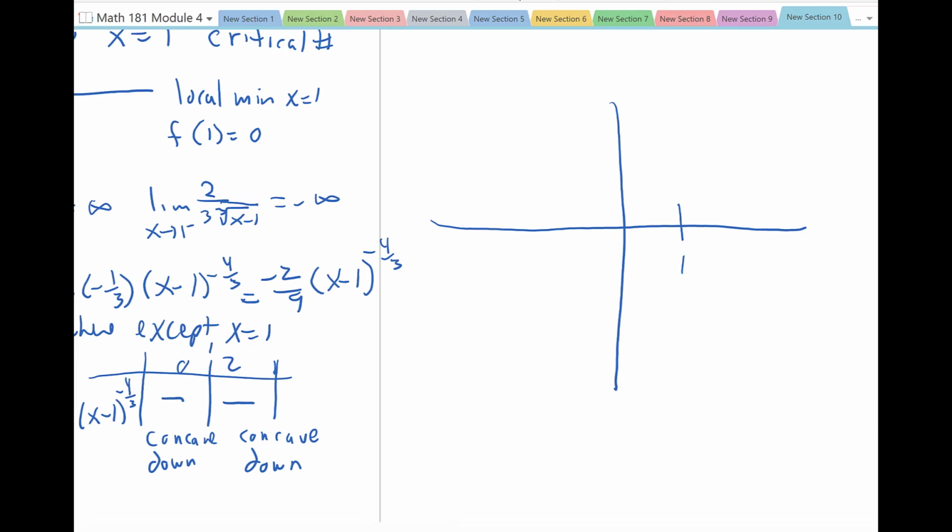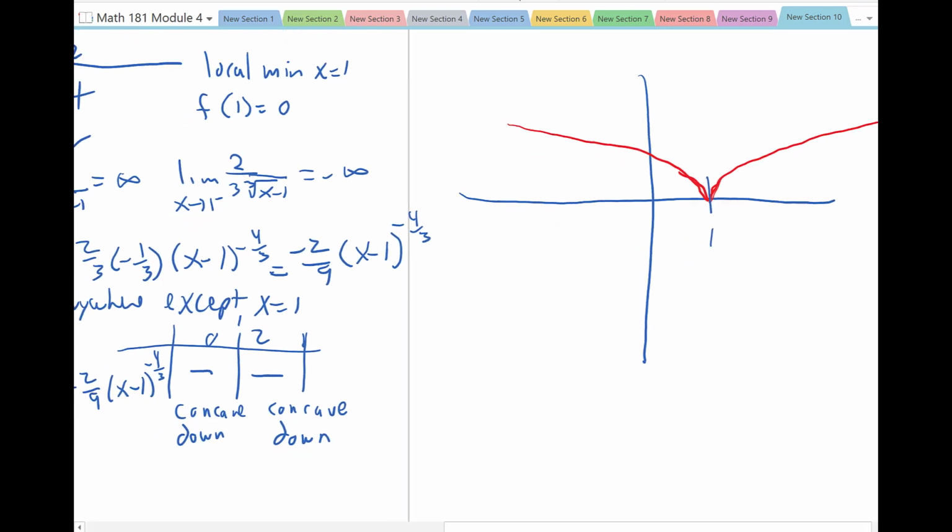And the way this cusp works, recall that this slope coming down to this point becomes pretty darn steep towards infinity. The slope coming from this way becomes steep but negative infinity. And that's your cusp right there. So they're going to the same place, but the slopes are different. Okay, that's it. Moving on.